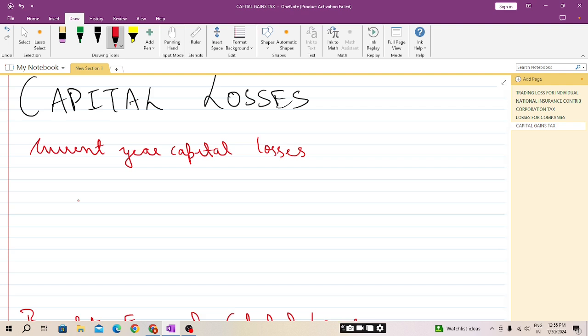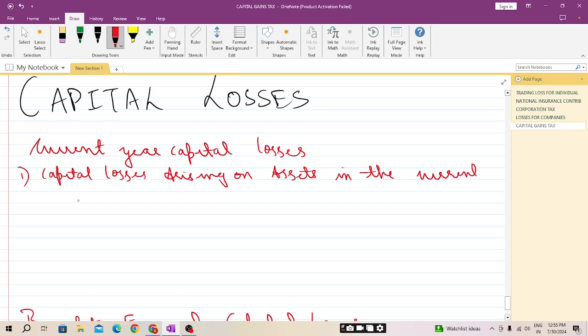So the current year capital losses, arising on assets in the current year, are set off against chargeable gains.